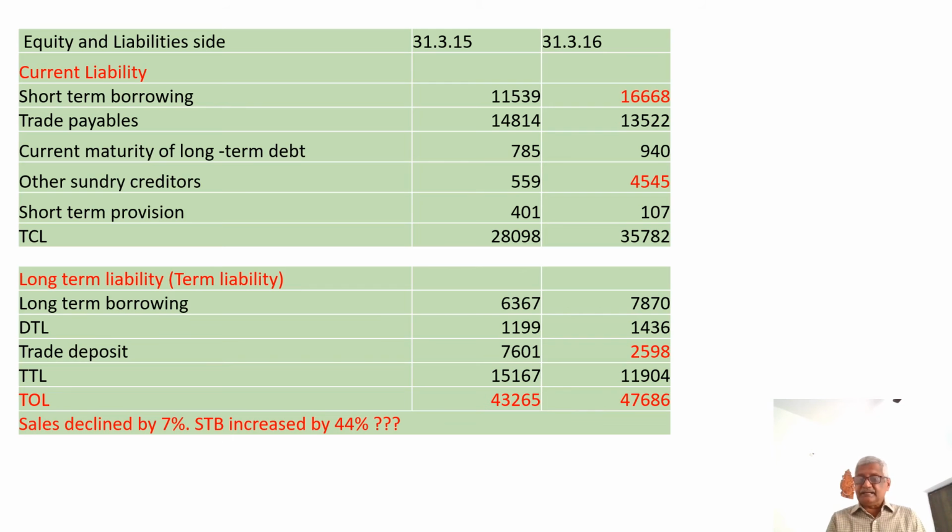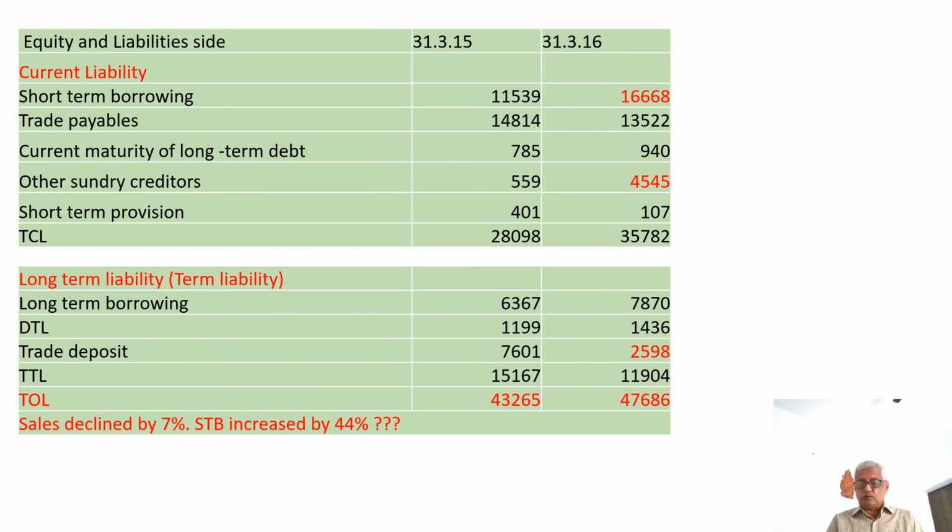The current liability plus term liability together is called total outside liability. Here the total outside liability was 432.65 crore, which has increased to 476.86 crore, despite the fact that the company had returned trade deposit worth 50 crore.